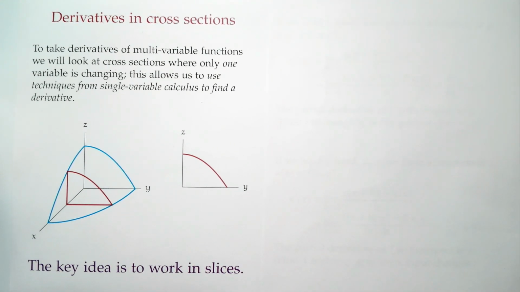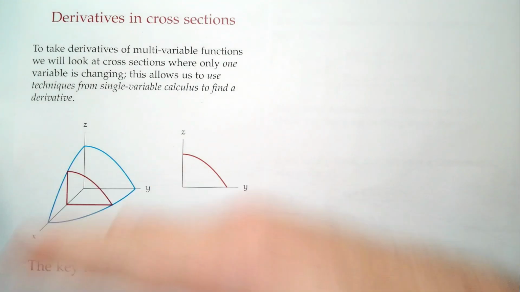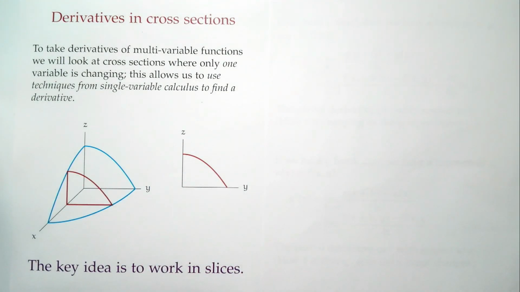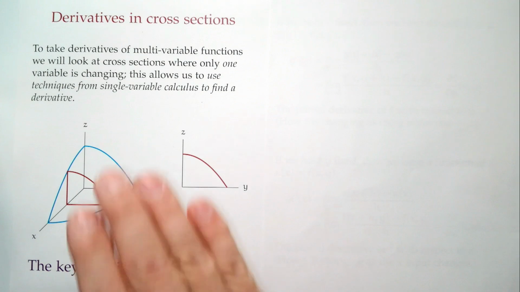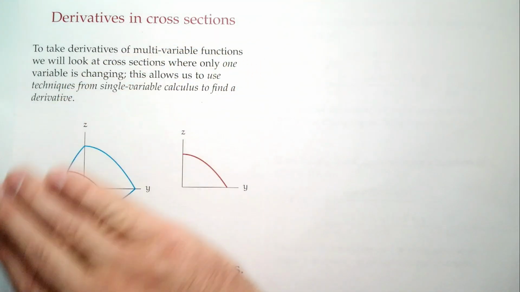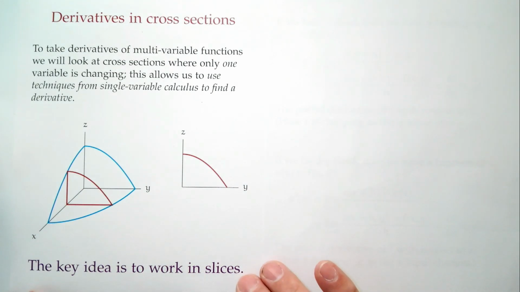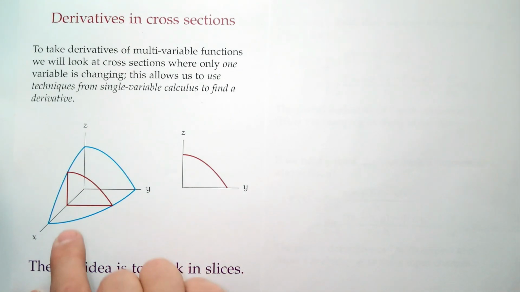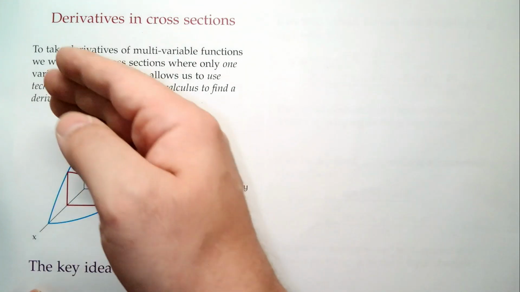Here, what we're going to do is work in cross sections. So we're going to slice a function, coming up and slicing up and down. A cross section says, let's hold one of the inputs constant. As an example, here I have this surface, and you can see just a sketch of the outline, the surface that's coming down. Now what we'll do is fix a value for x, and we're slicing.